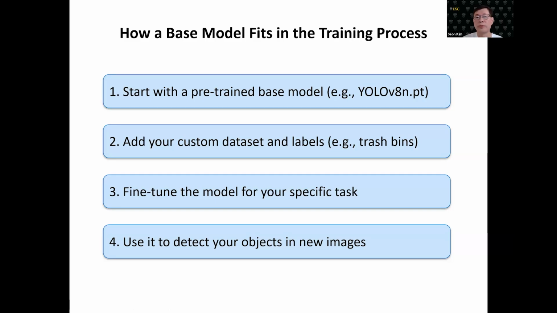So you don't even need to prepare data. Using the prepared data, you just run the training. It is called fine tuning. And then it's going to generate a model. Then you just use that model to detect objects when you provide new images. All right. So this is the process.